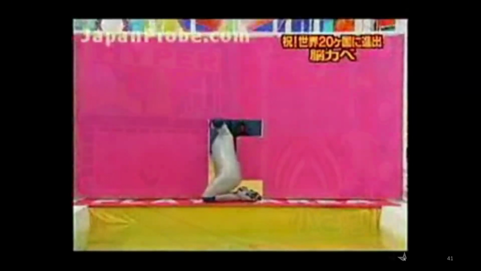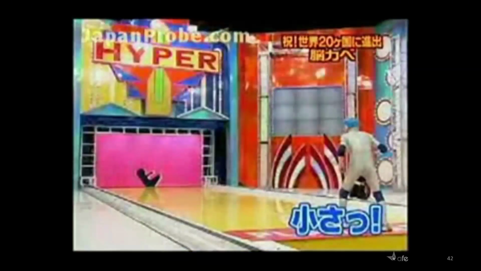On the other hand, for this hole right here, this was when a contestant failed. And in this one right here, it looks like a baby doing a boat pose, I guess, in yoga. But very importantly, it's a human-shaped hole.